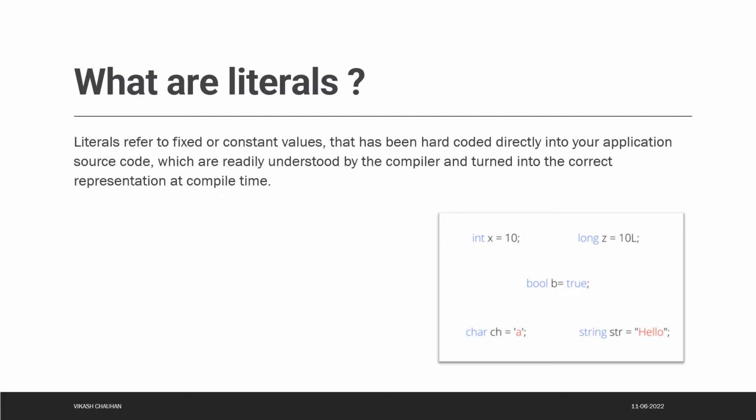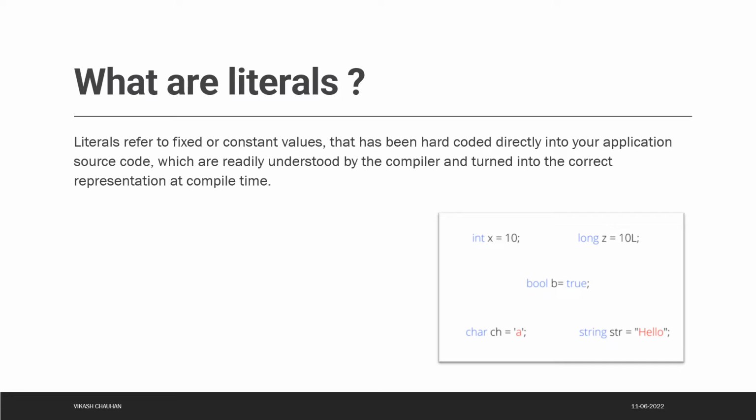In this screenshot, value 10 is a literal which is assigned to a variable x. Next, 10 is also a long type literal. I'm using the L keyword, which represents long in C sharp, and this literal value is assigned to the variable z.